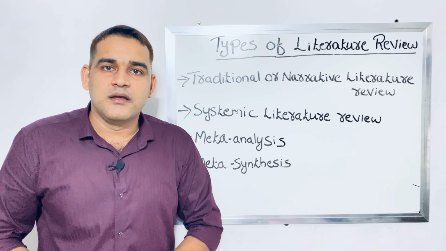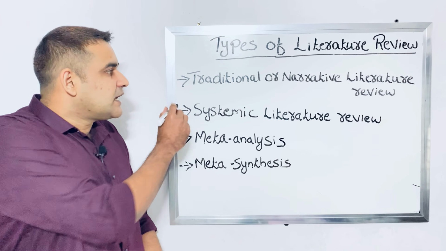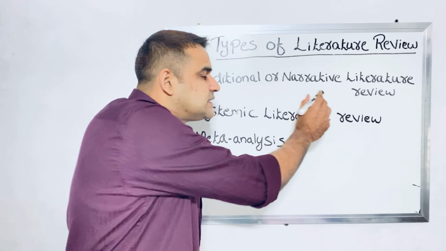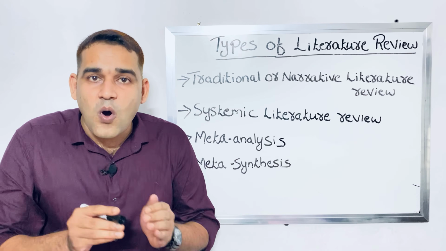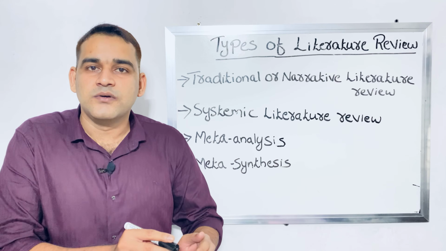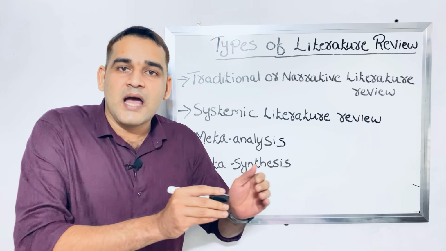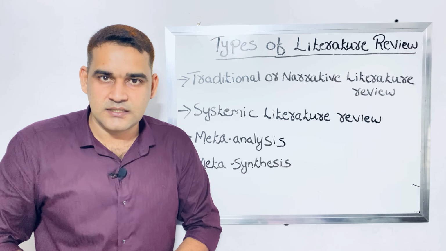For example, here our topic is prevention of cancer. So the traditional or narrative literature review provides an overview of the research findings related to prevention of cancer that are already done by other researchers. Got it?